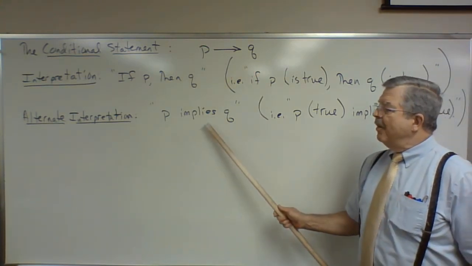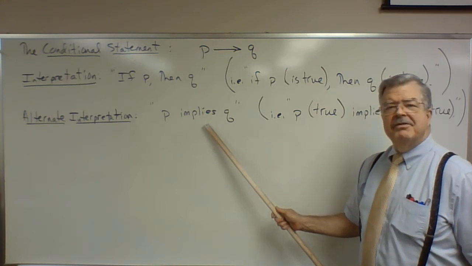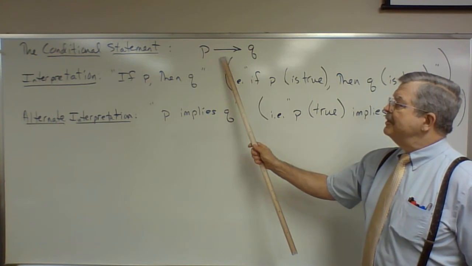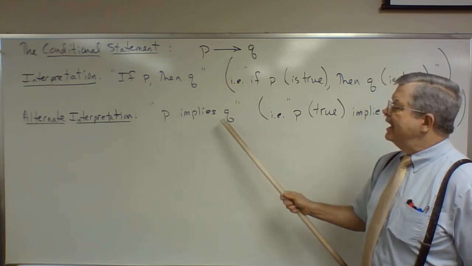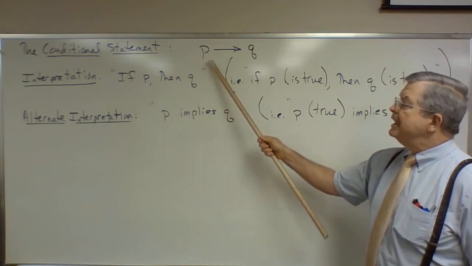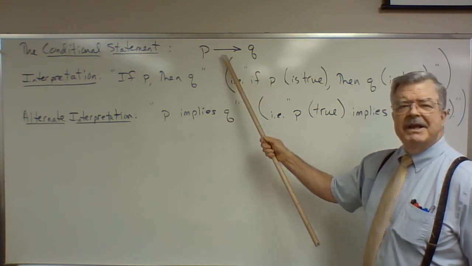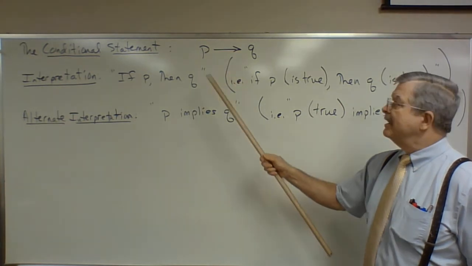Now here's an alternate interpretation of the same statement. Sometimes we look at this and we say, P implies Q. So we can look at this arrow as meaning implies.